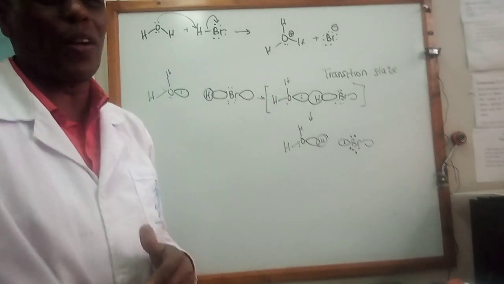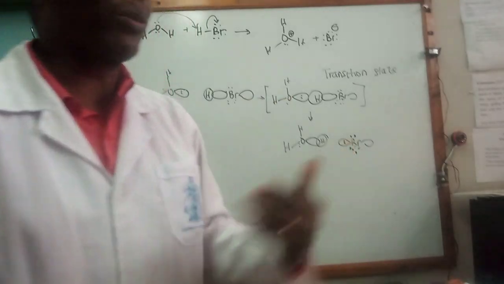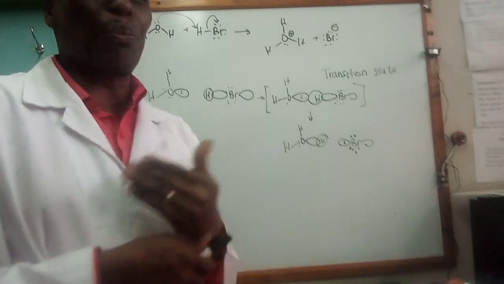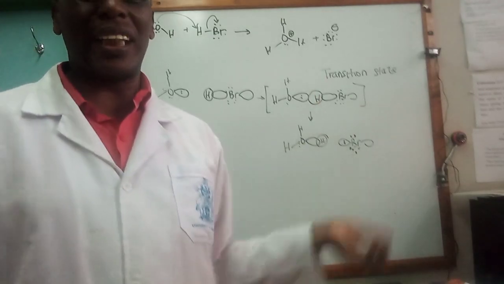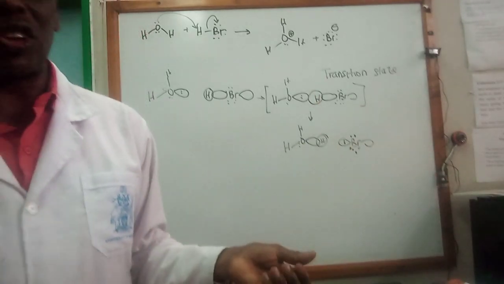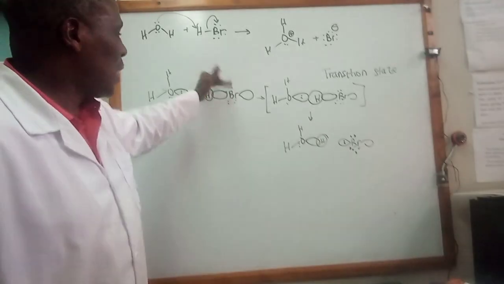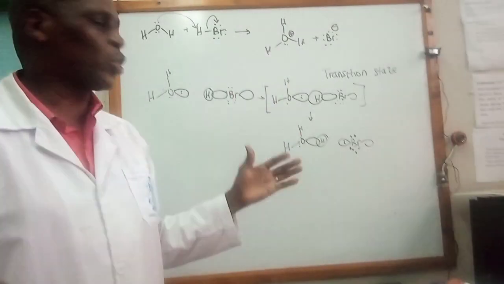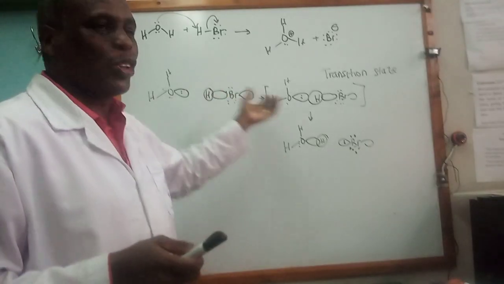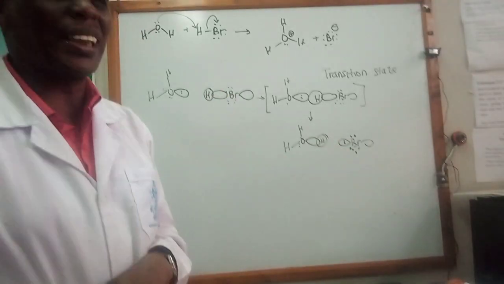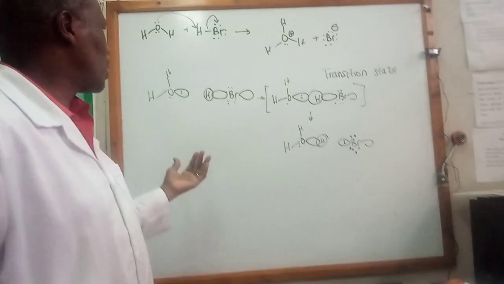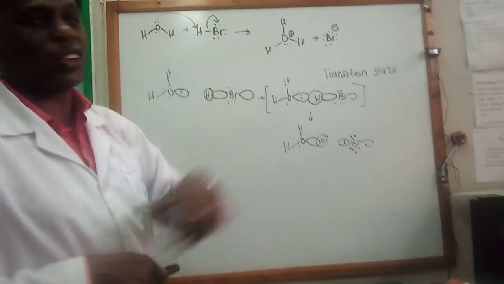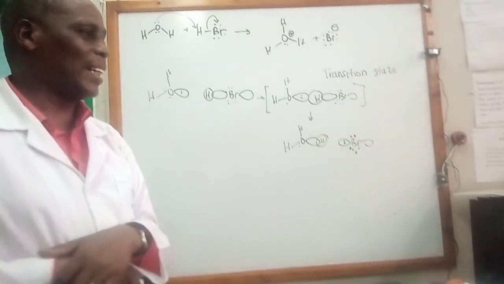If the approach is not possible, let's say because of steric hindrance, then that reaction is not going to take place, even if the orbitals may appear exposed. So if you show the orbitals, it can reveal issues which may not be apparent by just showing the curly arrow.